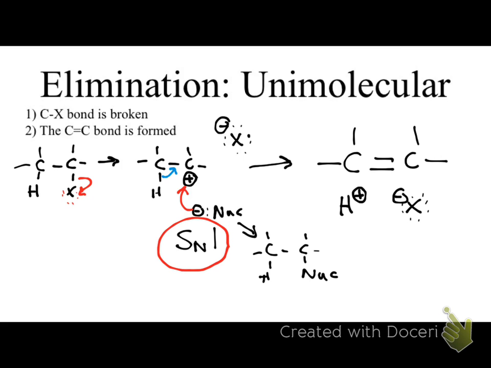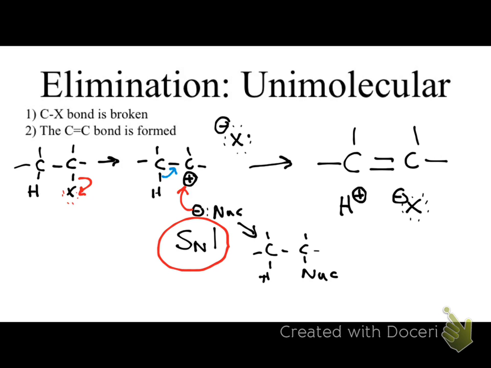The slowest step of our elimination reaction is forming the cation, which is the exact same step as forming our SN1. Which means if I have an SN1 reaction, more than likely I'm also going to have an E1 reaction happening at the exact same time.